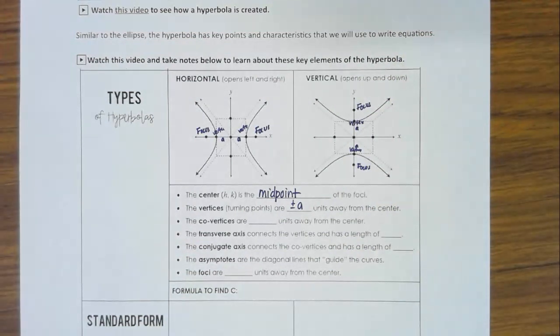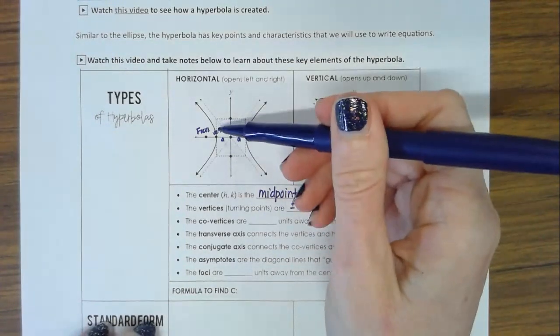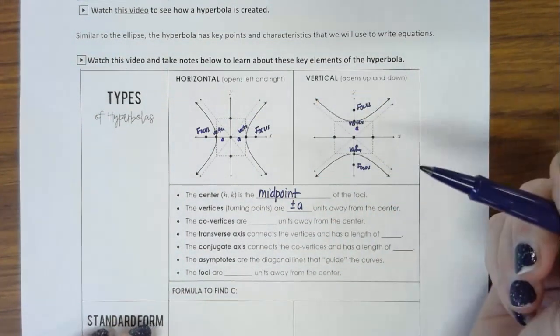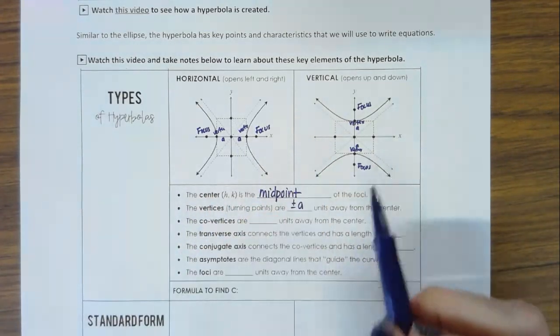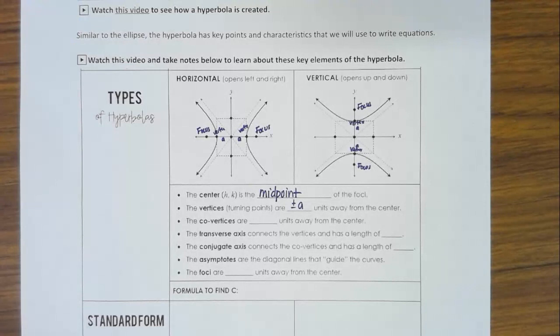Now, the interesting thing is that our co-vertices are not actually on our hyperbola. But we're still going to need to find them so that we can create this rectangular box. Our co-vertices are these two points on the axis that's perpendicular to the line that contains our vertices and our foci.